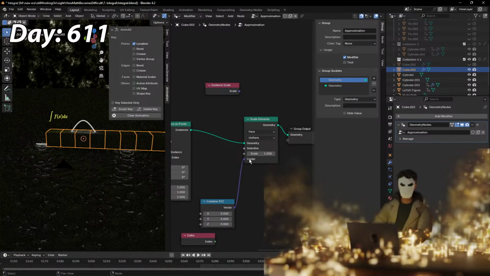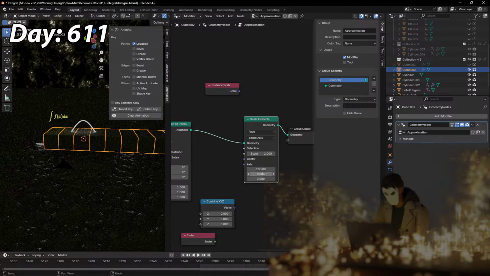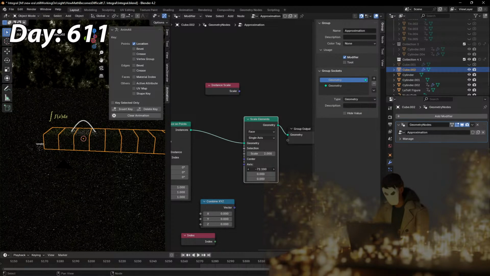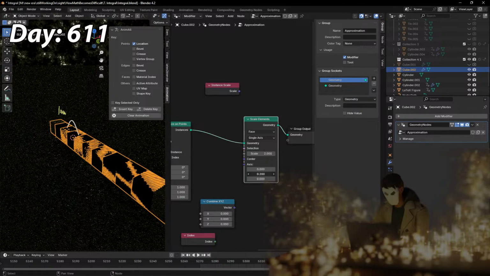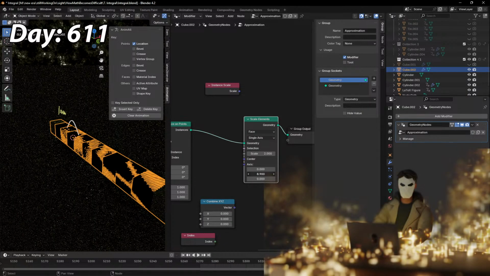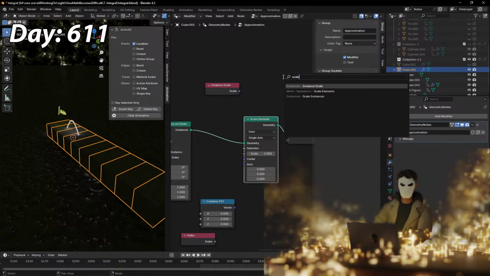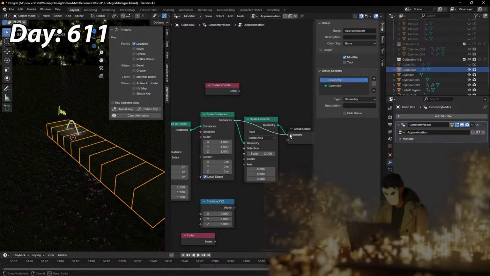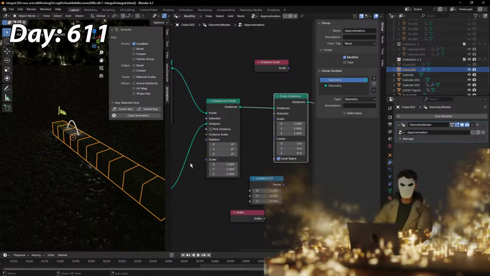Not the center. We don't care about the center either. Axis, I guess. I'm sorry, what now? What's this axis? No, I meant like scale. Instances. There we go, that's what I'm looking for.